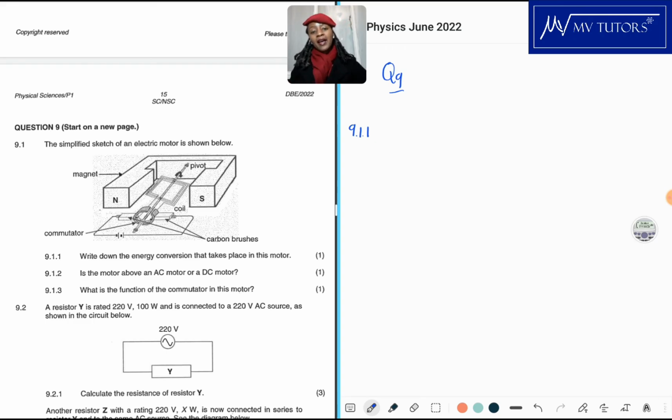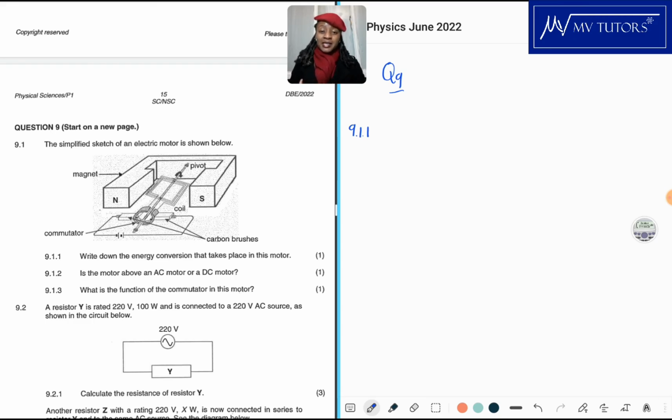Okay, so we have either a motor or a generator. If you don't know which one does what, you must know. If you're living in South Africa and you've experienced load shedding, you should know what a generator does. A generator provides electricity, and how does it do that? We go from mechanical to electrical.